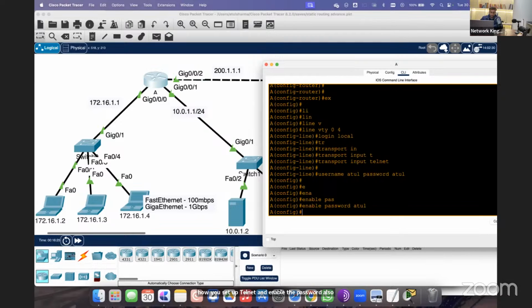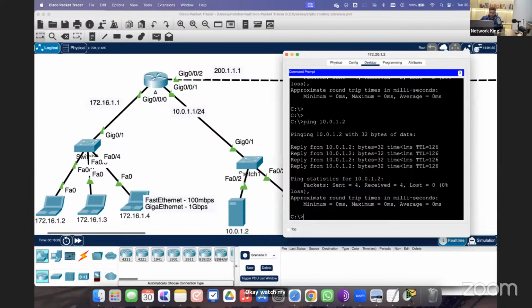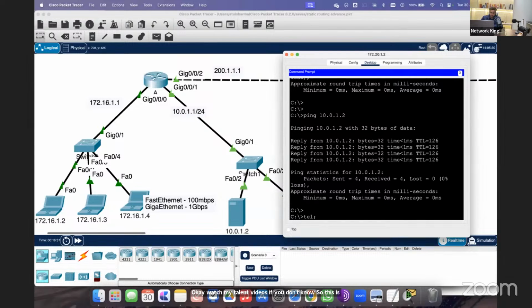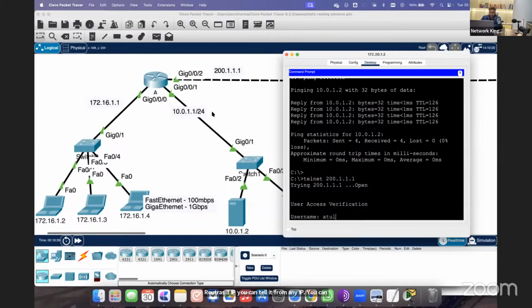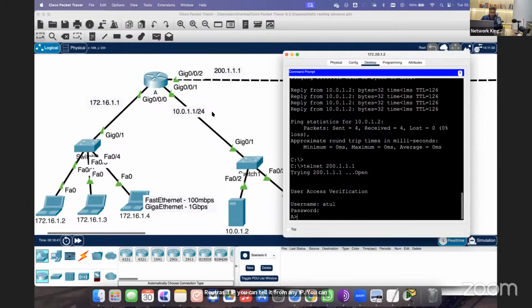Okay, watch my telnet videos if you don't know. So this is how we configure the router, and we go to the computer and say telnet and the router's IP. Router IP 200.1.1. The router has 3 IPs. You can telnet from any IP. You can see it's easy to telnet the router, and I'm able to telnet even from a different network. Yes.